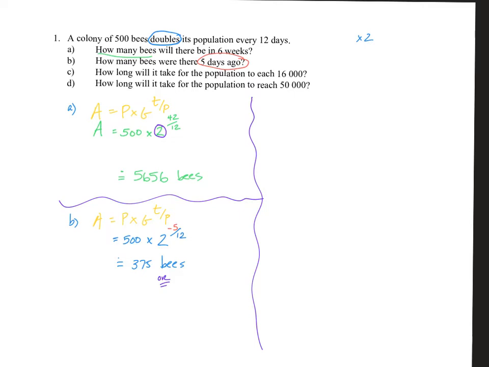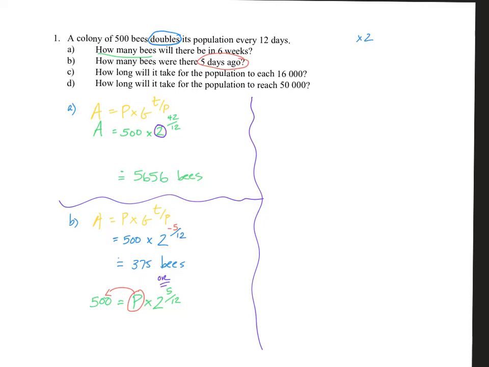And so instead, you would say, well, my population is going to grow to 500. What population would I have had to start with if I was doubling every 12 days and 5 days passed? Notice now I would be trying to go backwards in time and find the original population that would allow it to grow to 500.